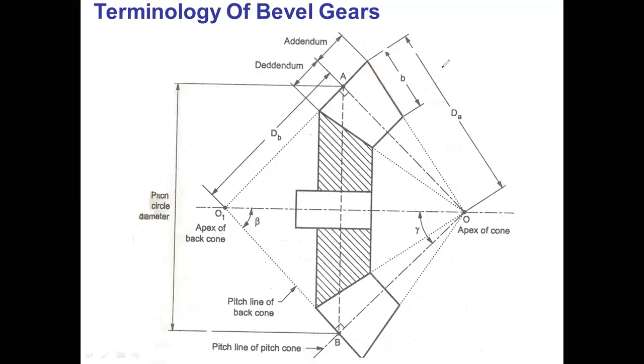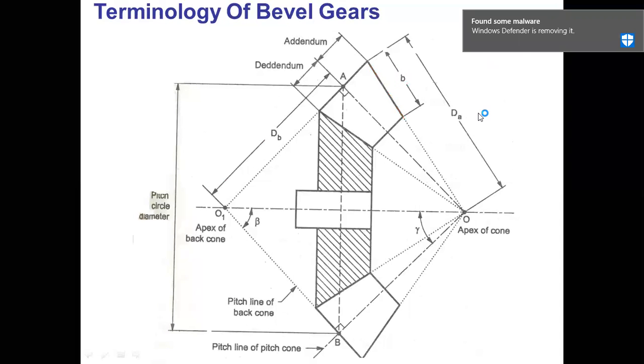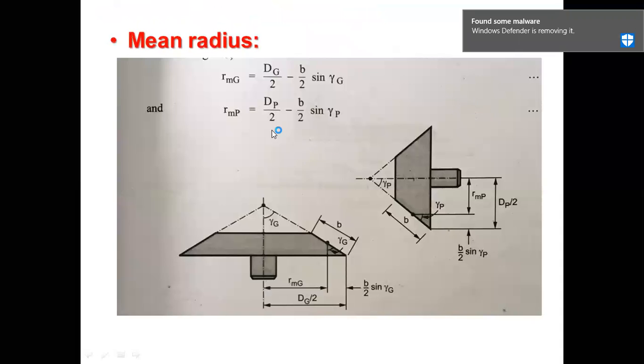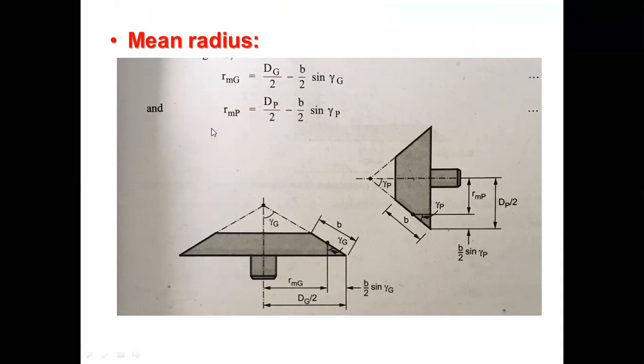And the last terminology in bevel gear is mean radius. Here RM denotes the mean radius, G denotes the gear and P denotes the pinion.